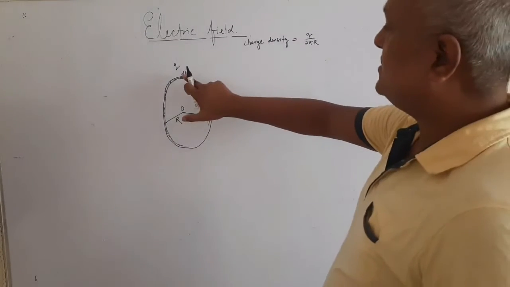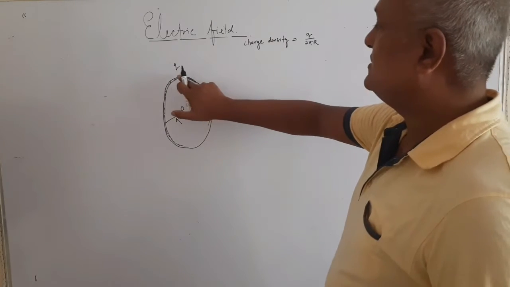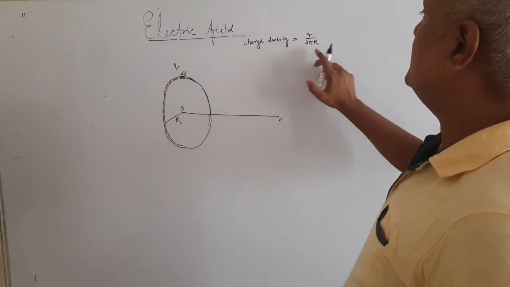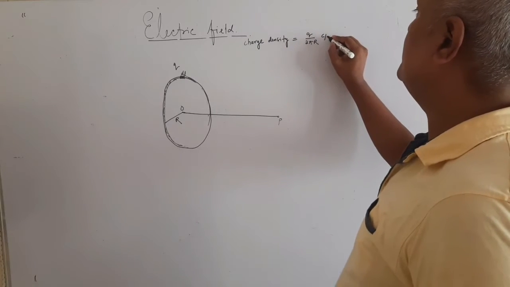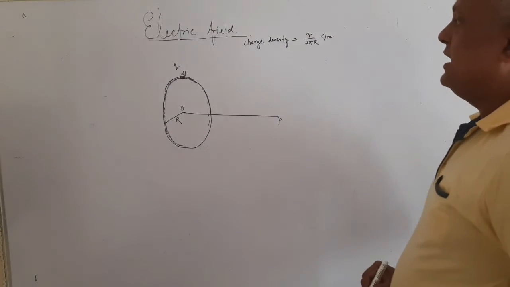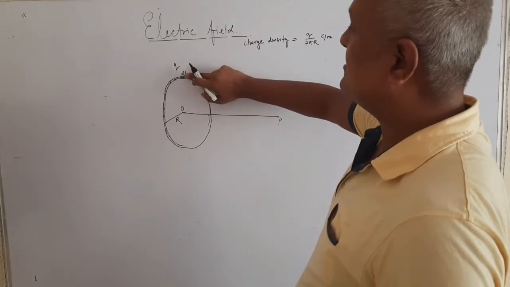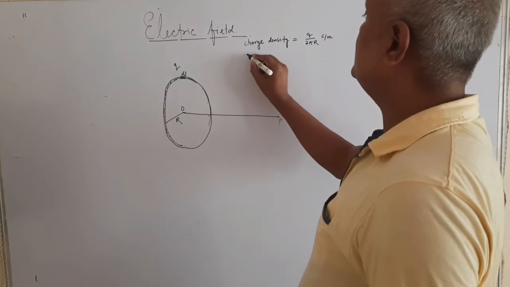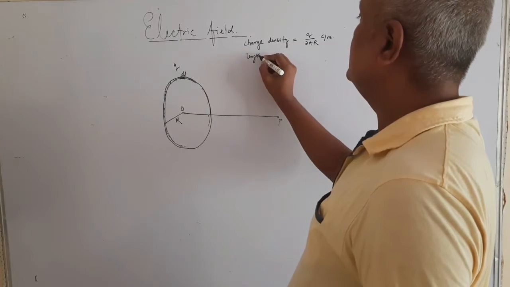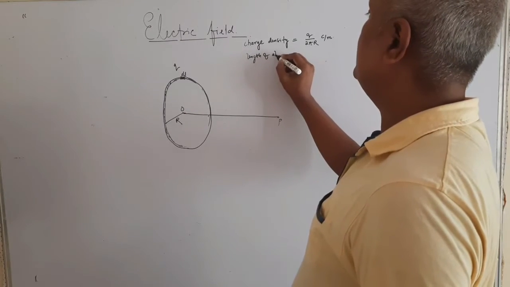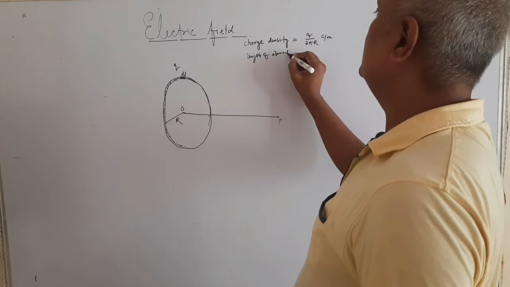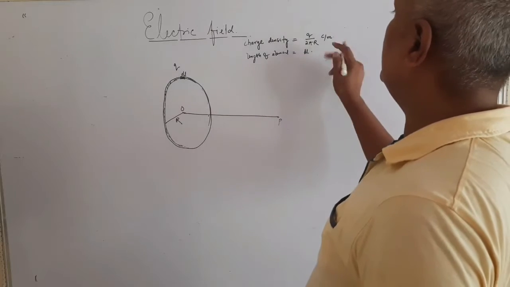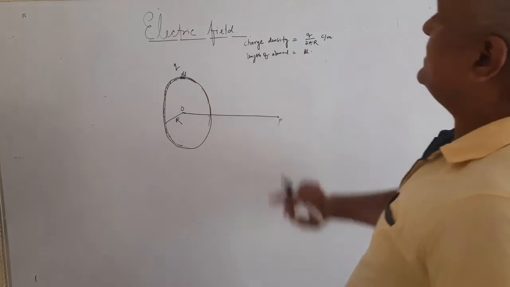This means the charge q is spread over the circumference 2 pi r. So charge per unit length will be coulomb per meter. And out of this we have taken just a small tiny patch of length dl.